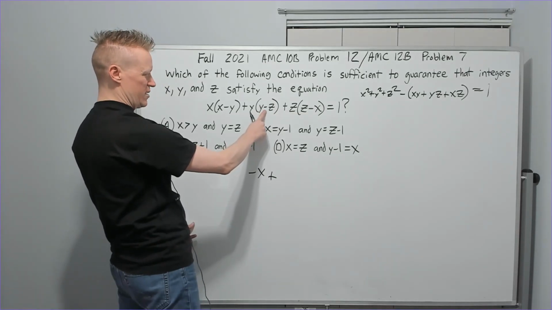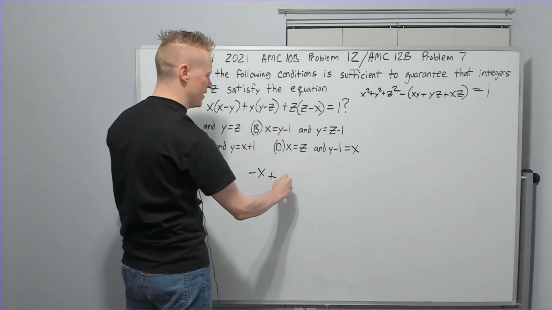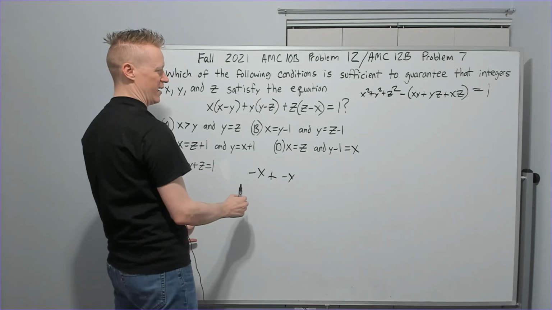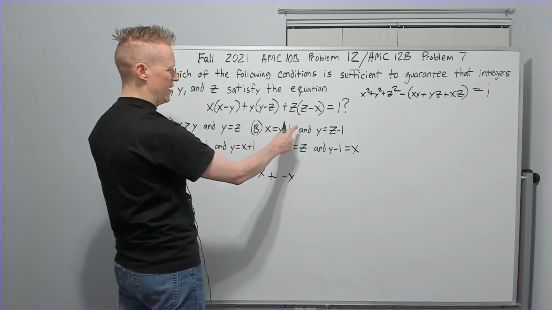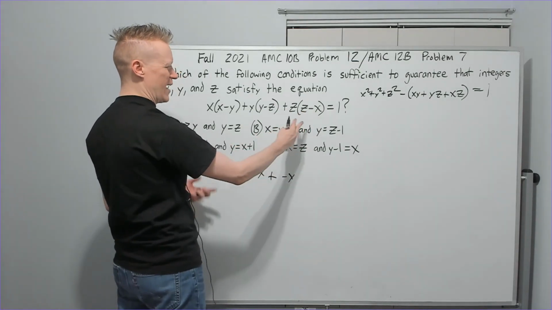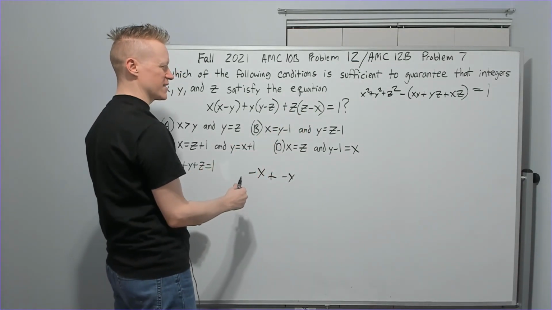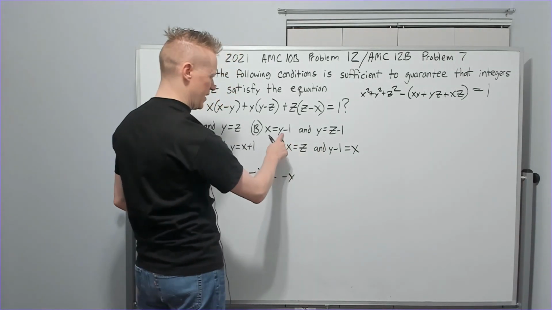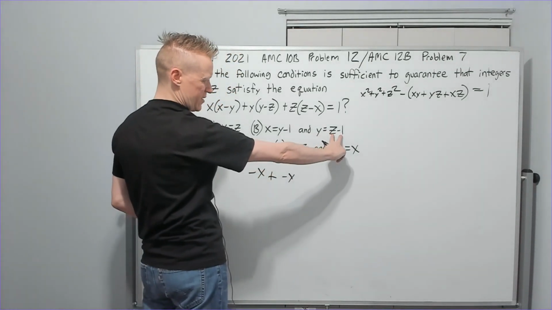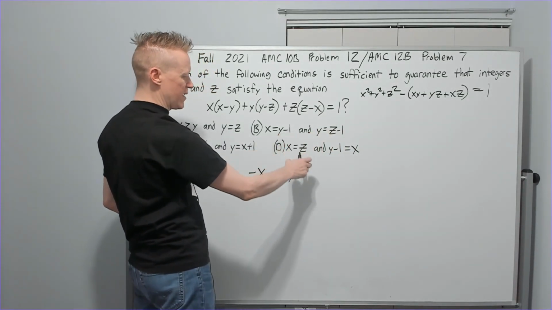Z minus 1 minus z, I get a negative 1, so now you get negative y. Okay, it's kind of okay. Then what? We've got z minus x. I don't have a relationship with z and x. I guess I could make one, because if I replace this y with the z minus 1, then I get z minus 2.